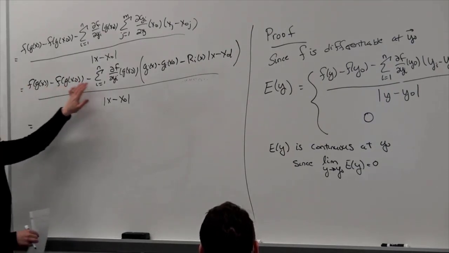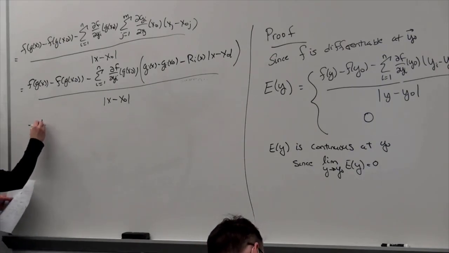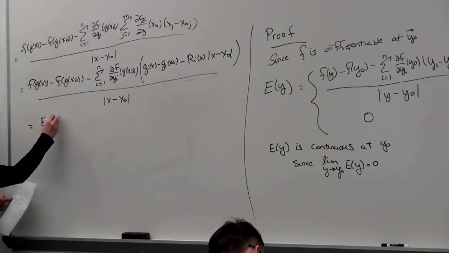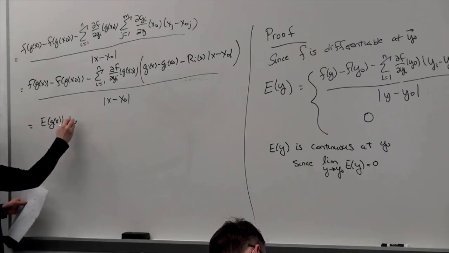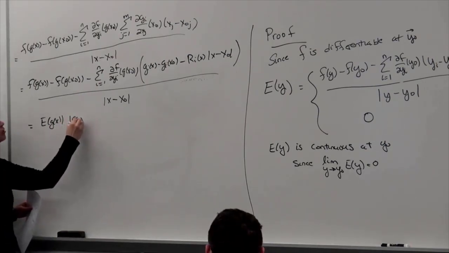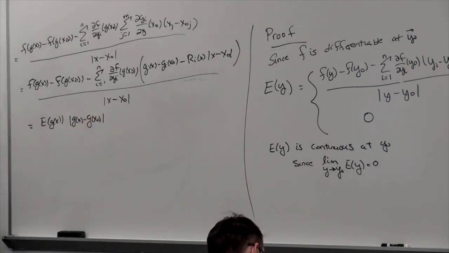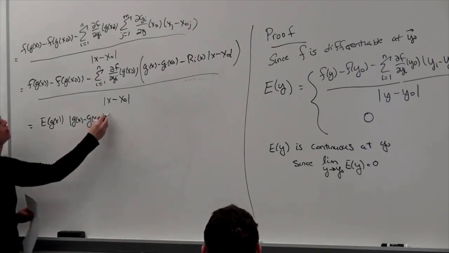So all of this is going to simplify right down to e of g of x times the size of y minus y naught, which is here g of x minus g of x naught. And then what's left?